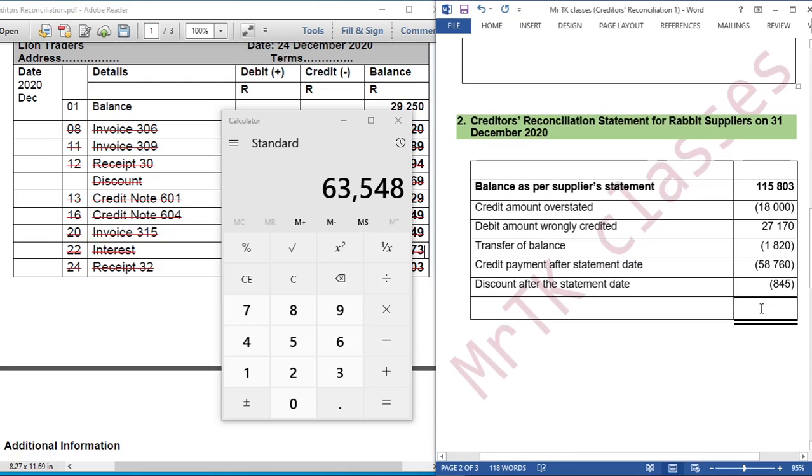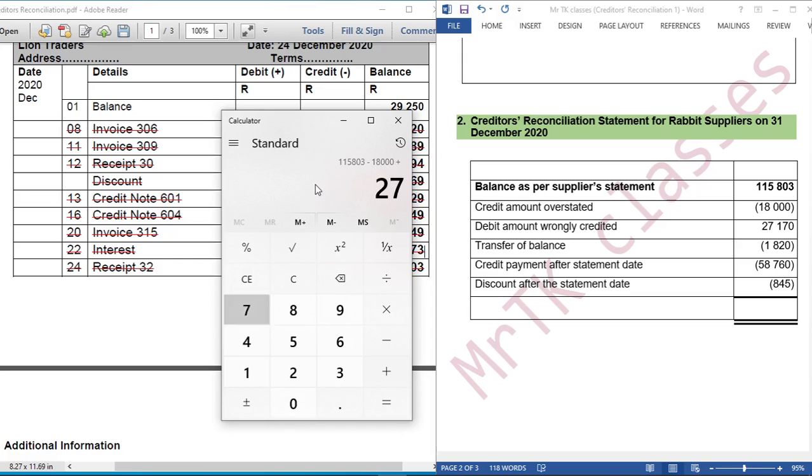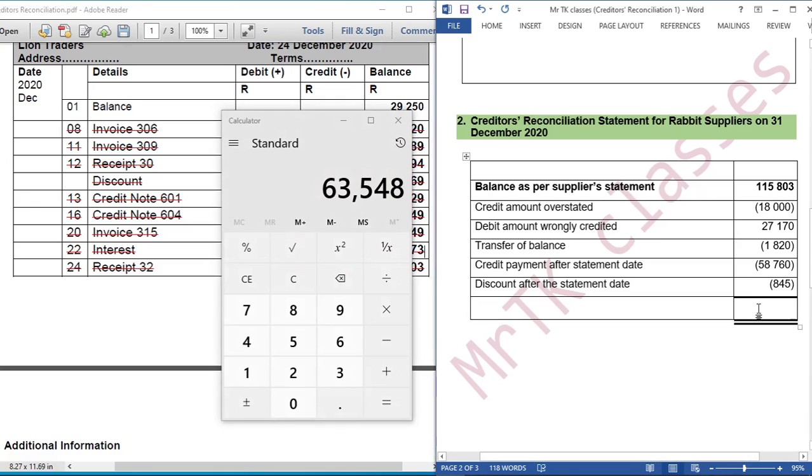All right, let us also come here. 115,803 subtract 18,000 add 27,170 subtract 1,820 subtract 58,760 subtract 845. We are going to get 63,548.